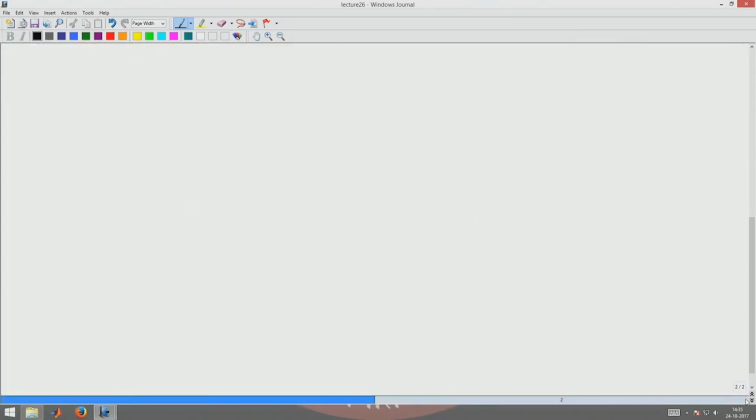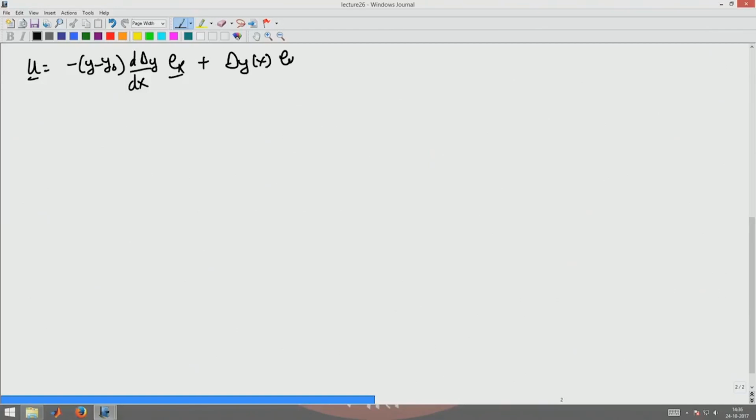It comes from the plane sections remain plane hypothesis, the same hypothesis that we used when the beam was bending along one direction. When the beam was bending along one direction, we had u given by minus y naught d delta y by dx e_x plus delta y as a function of x e_y, because what we said was that if this is the neutral axis of the beam, it will deform into a shape something like this due to bending.